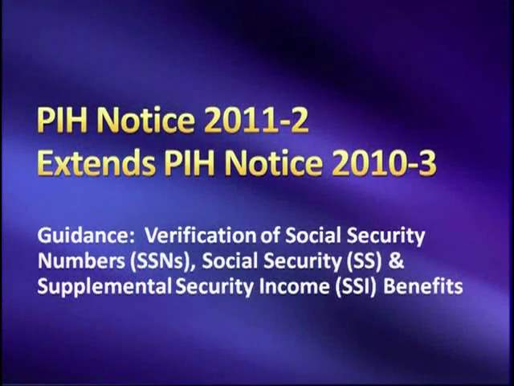Now what I want to get into is published PIH notices with respect to HUD EIV guidance. Basically I want to share some information on 3 PIH notices. The first one is 2011-2, which extended PIH notice 2010-3 with respect to verification of Social Security numbers as well as supplemental security income and Social Security benefits.